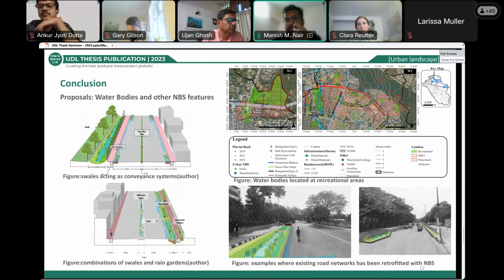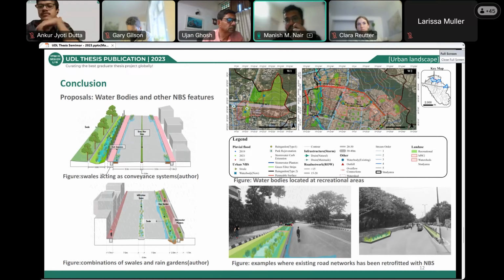Now, similarly, some other roads were also selected for exploring the possibility of urban NBS integration, as you can see in the list. Now, if you remember the results of the stormwater runoff estimation, the extra stormwater which stayed as pluvial flood came to around 30% of the total runoff generated.